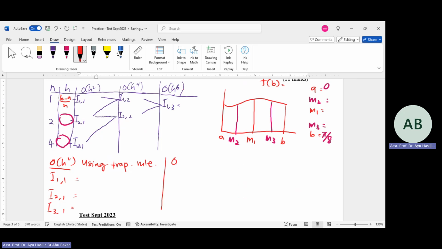Then find OH4 using Romberg, and OH6 using Romberg as well.